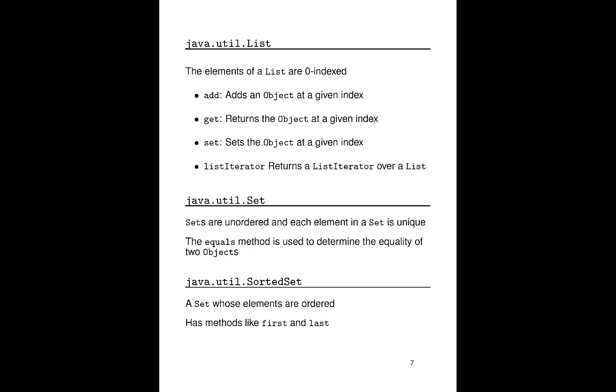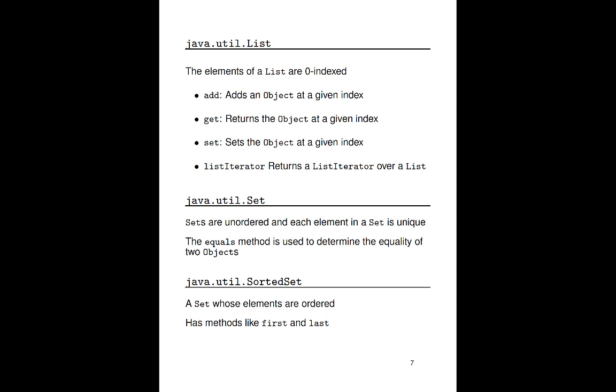You can also get and set the object at a given index. In addition to getting an iterator, which you inherit from Collection, you can also get what's called a ListIterator that will allow you to go back and forth. We'll see what ListIterator is all about in a little bit. So List is what you want when you basically want a growable array. You can index into it. You can say, hey, give me the 27th element.